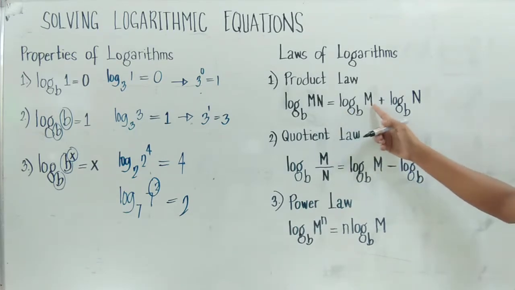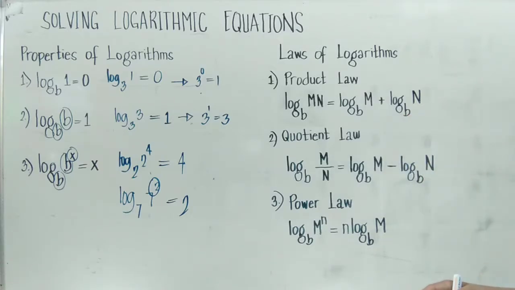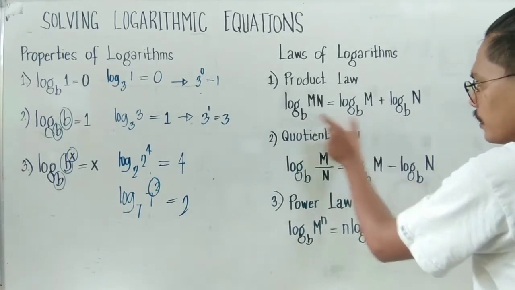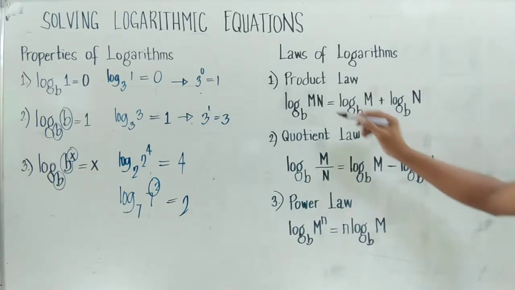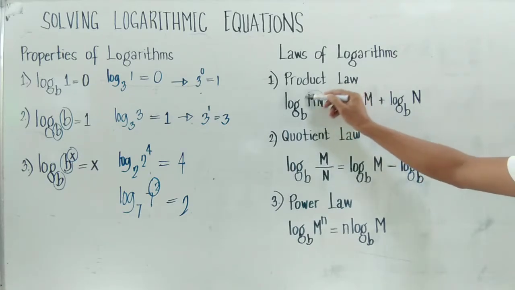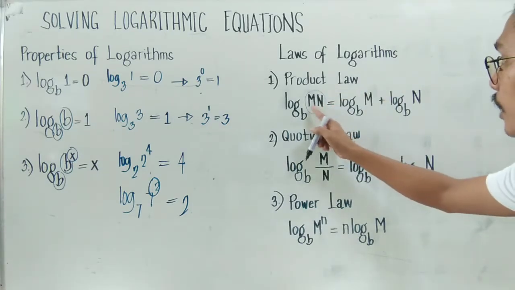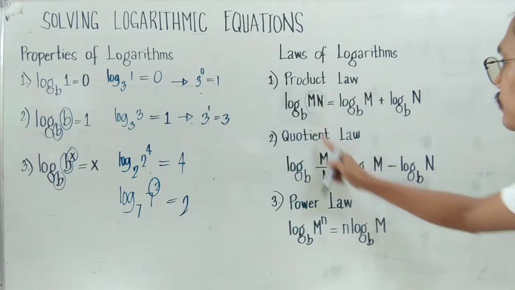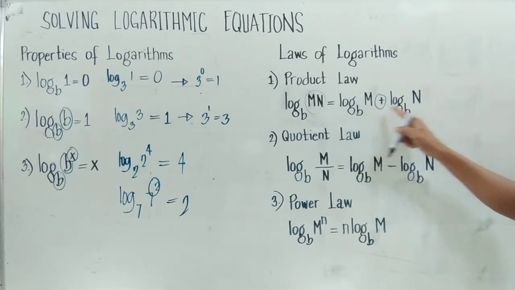So we have log of m base b plus log of n base b. Okay? So this is how to expand and simplify logarithms with concern to multiplication. So they are multiplied, m and n. Therefore, we have to add the logs of m and n.